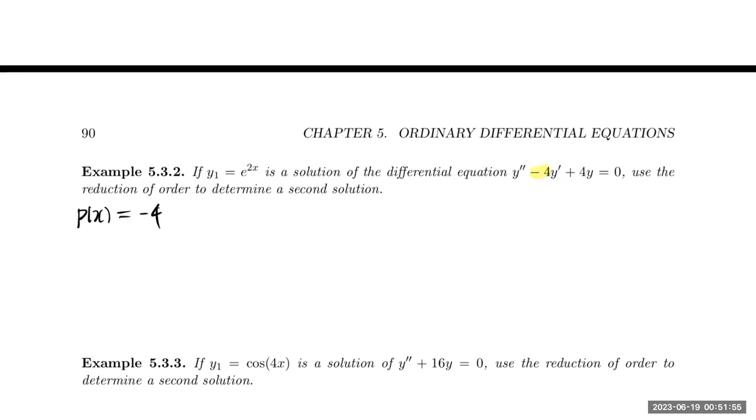So y2 is equal to e to the power 2x, which is the first solution, times the integral of the negative p, so that's going to be negative negative 4 dx, divided by e to the power 4x, because e to the power 2x squared gives e to the power 4x, dx.